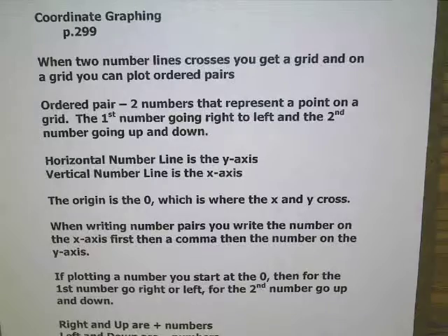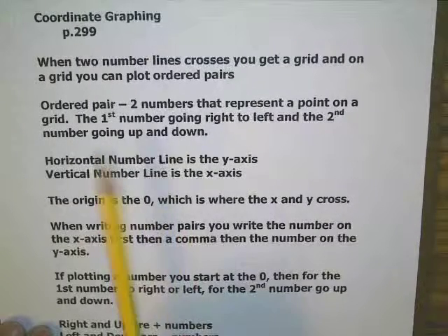Okay, so if the first number of our set is negative, which way are we going? Right, left, up, or down? Kelsey. First number of our set is negative. Which way are we going? Okay, so what is the first number, an X or a Y? Right here, Kelsey, look up here.